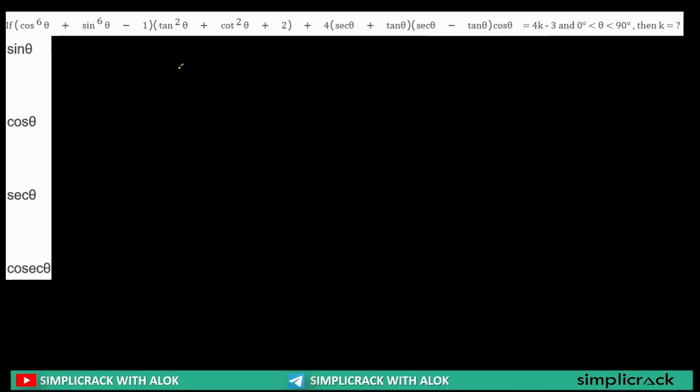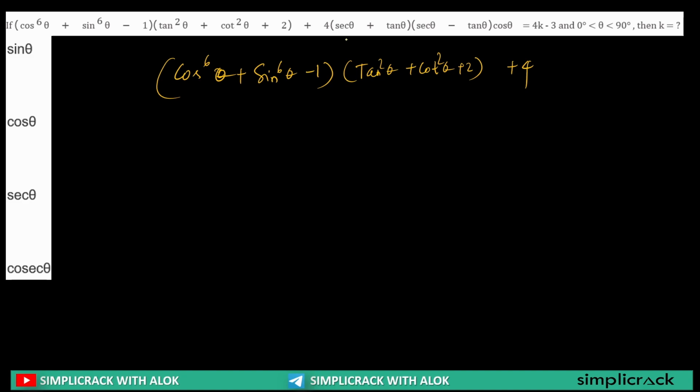So it is cos to the power 6 theta sin 6 theta minus 1 into tan square theta plus cot square theta plus 2 plus 4. This whole thing is 1. Cos theta is equal to 4k minus 3. Now see, tan square theta plus cot square theta, I can write it like this.